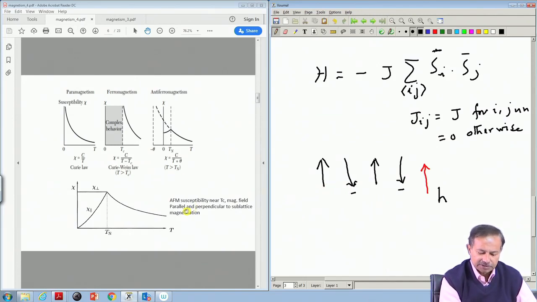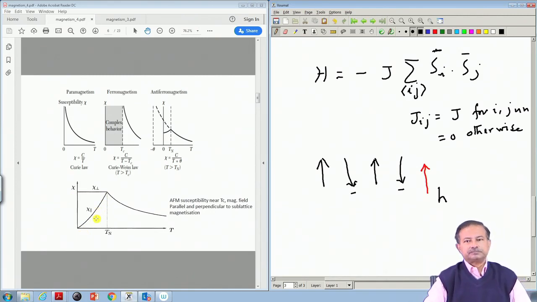So, that is the direction; the field here is perpendicular to that, the field here is parallel to that. And you can see that the susceptibility in the perpendicular direction to the sublattice magnetization is more or less getting flat, whereas the parallel one is coming down. Okay.